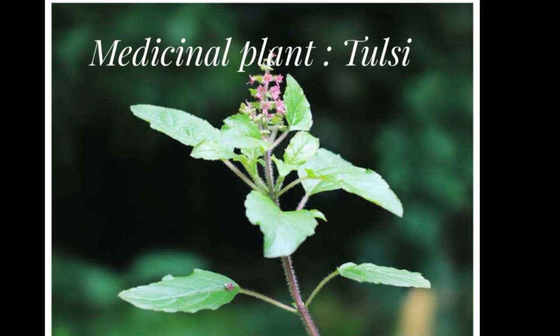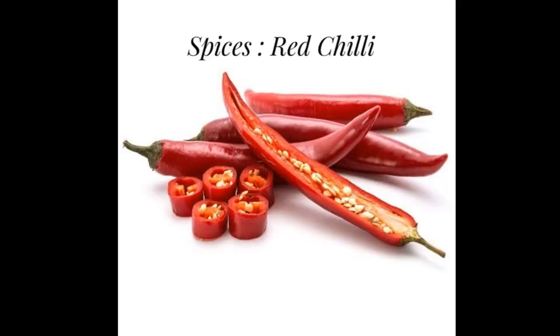Other uses of plants. Some plants are used for making medicines. Those plants are known as medicinal plants. For example, neem, tulsi, aloe vera. We get spices from some plants.